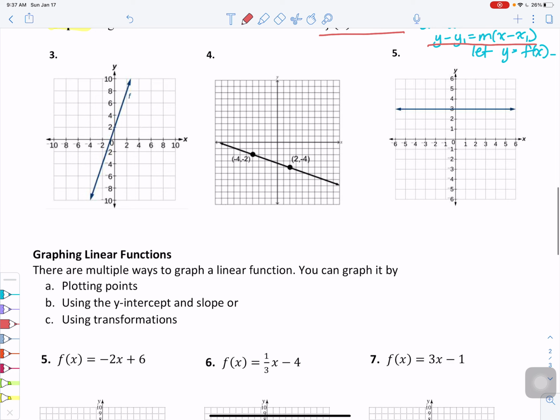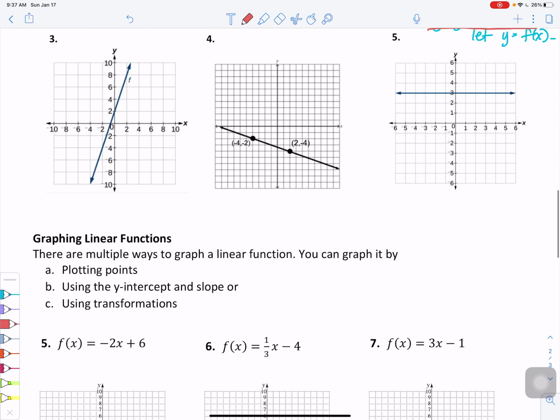Okay, let's look at number 3. The first thing we're going to do is find the slope. Starting at this point here, which is b, the y-intercept, we're going to go up 1, 2, 3, and to the right 1 to get to another point that we can identify.